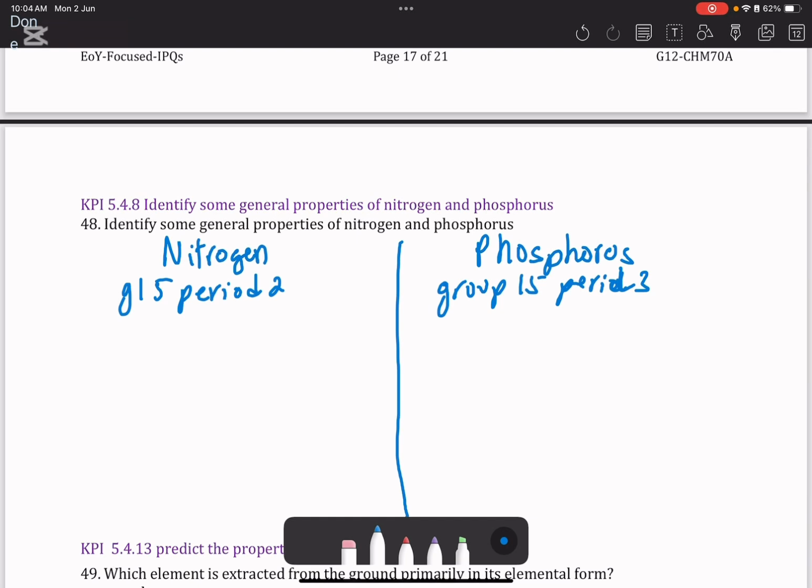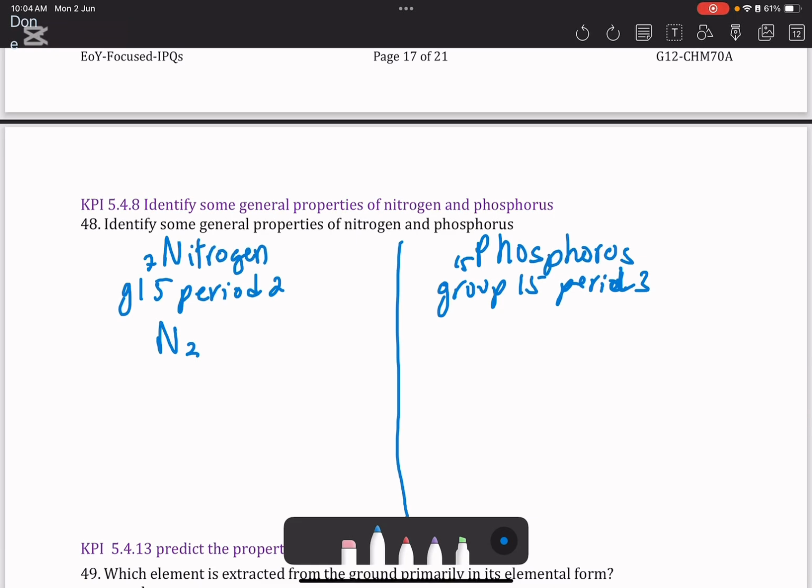Nitrogen's atomic number is 7, phosphorus's atomic number is 15. Of course, phosphorus is larger than nitrogen. Now, nitrogen can form diatomic molecules, whereas phosphorus doesn't form diatomic molecules. So that's one of the differences.